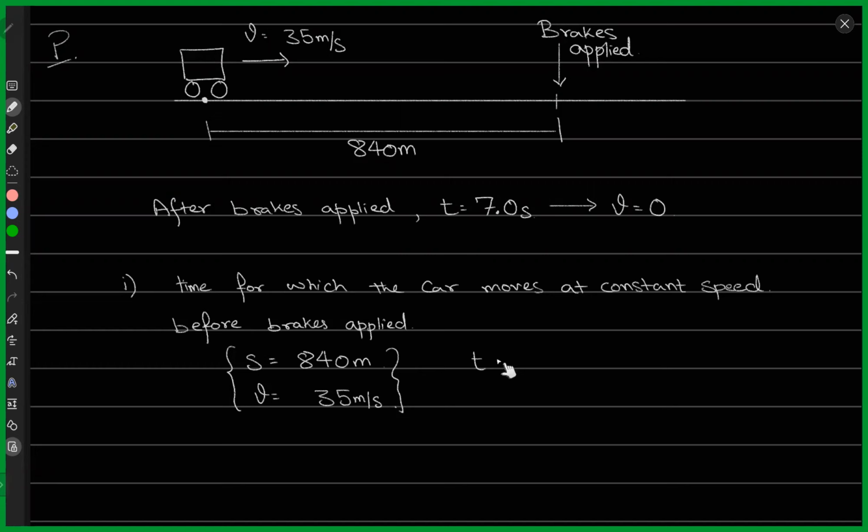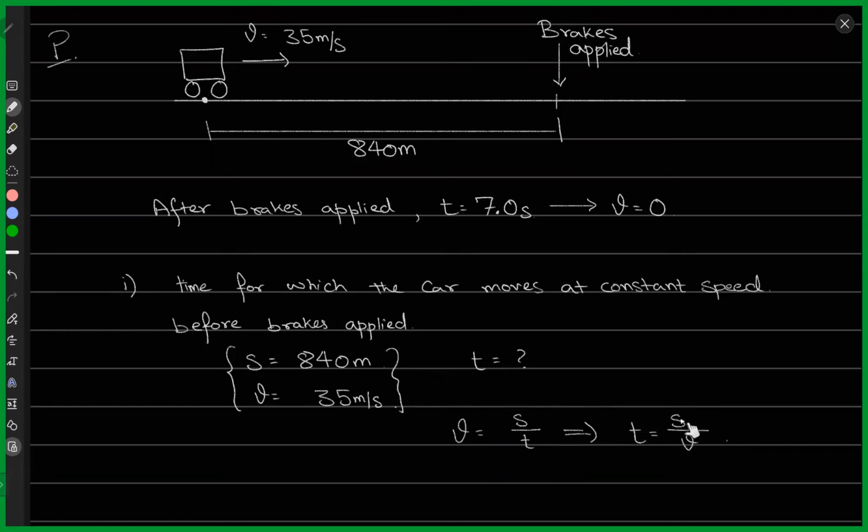So I know an equation which relates velocity, displacement, and time, and that is velocity is equal to displacement divided by time. Now I need to find out time, so I'll rearrange this expression for time as t equals s by v.